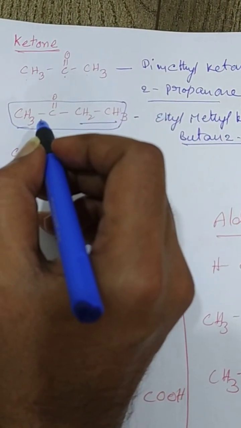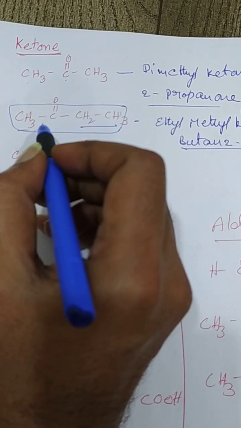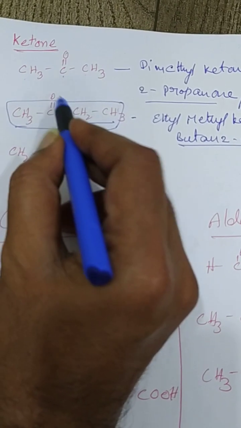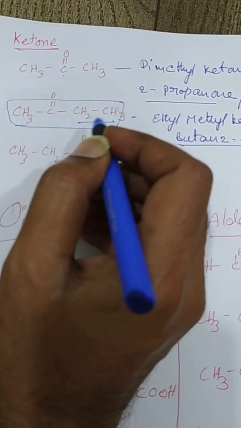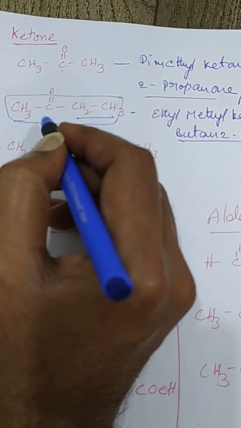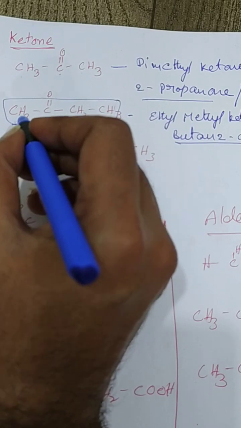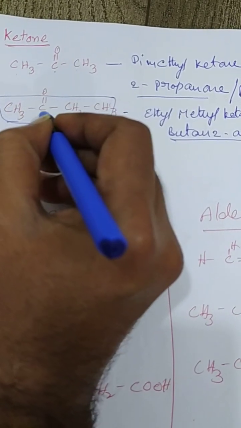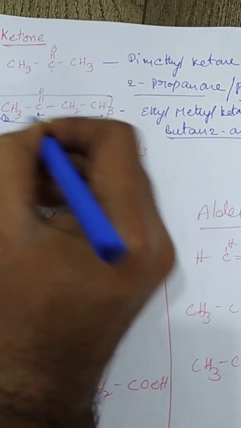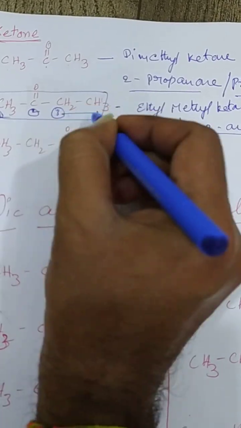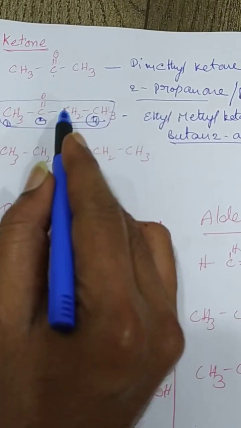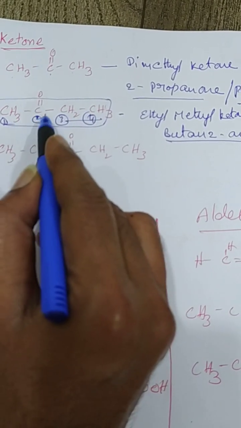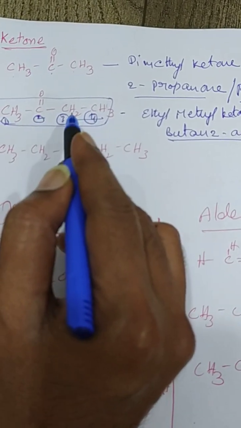We have already discussed that we count from the side where the functional group gets the minimum number. This side the ketone is at number 2; from the other side, 1, 2, 3, it is number 3, hence not proper.